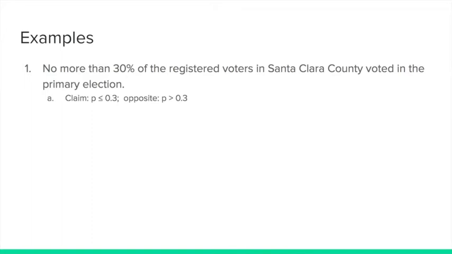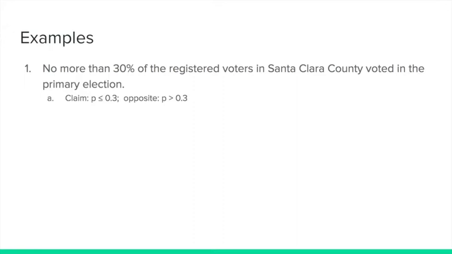So if the claim, for example, had just been less than, then our opposite would need to be greater than or equal to. If I just make it greater than, then I'm leaving out the possibility that it could be exactly equal to 0.3, and then I would be missing out on some of the information. So got to make sure that the claim and the opposite are always exact mathematical opposites or negations of each other.